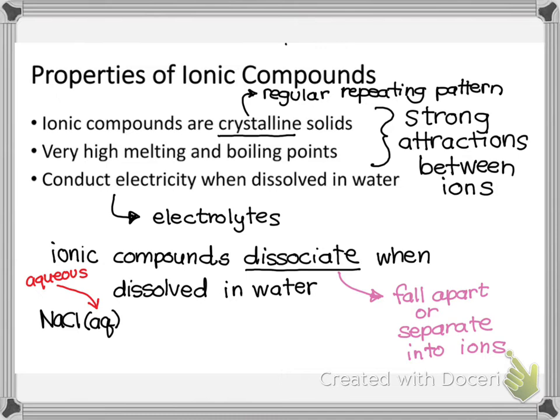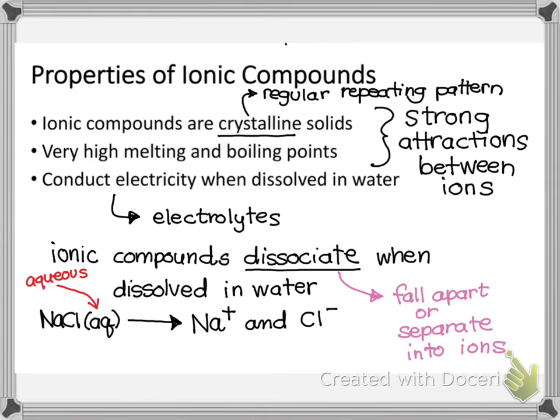So when sodium chloride is dissolved in water, it's actually not hanging out like sodium chloride anymore. It's hanging out as sodium ions floating about and chloride ions. That's what it means, it dissociates. So ionic compounds, like in our blood, the ions are floating around separately because they have dissociated. Once they dissolve, they will separate.